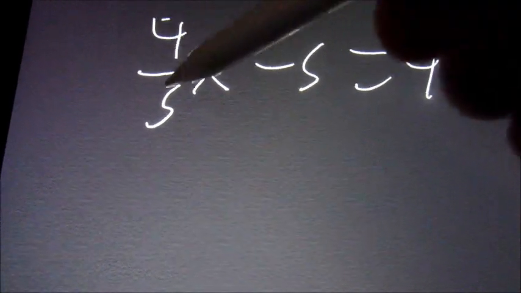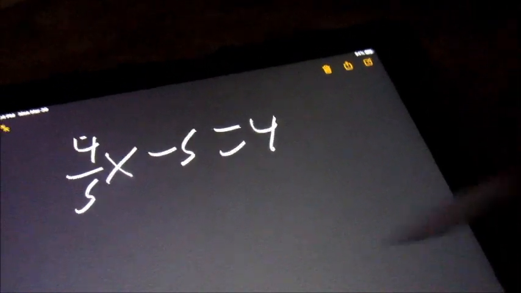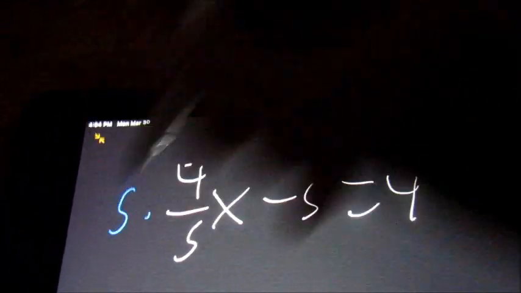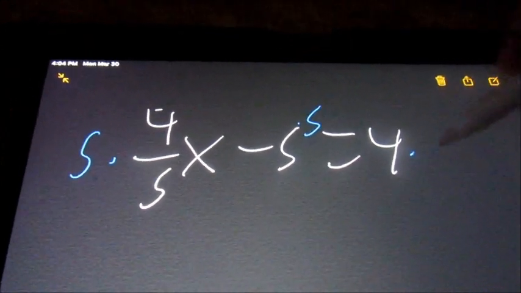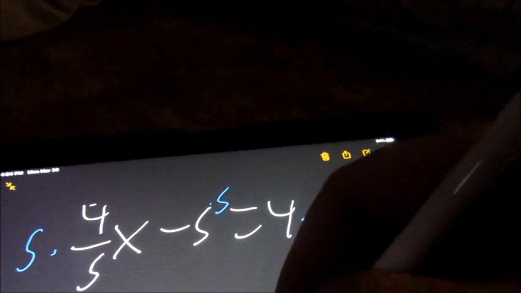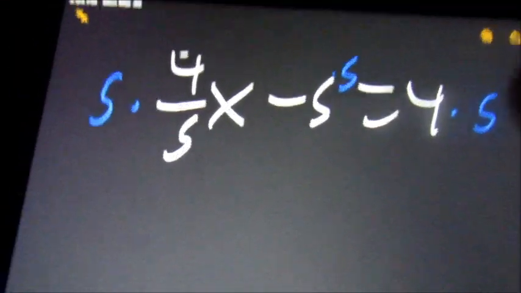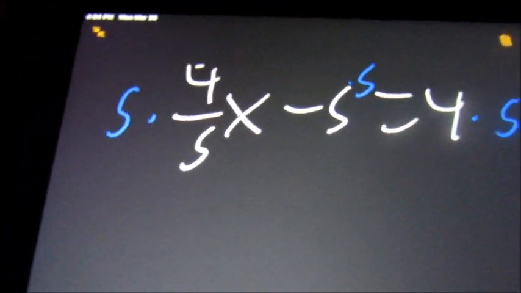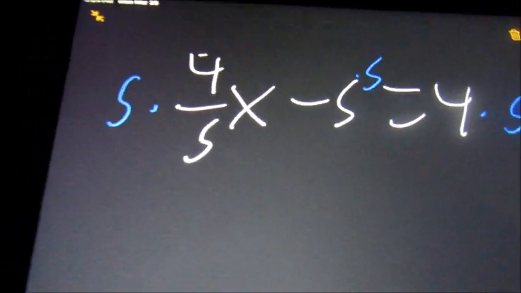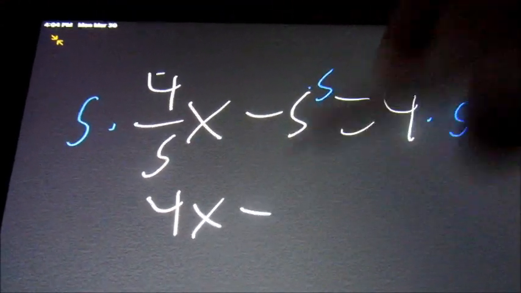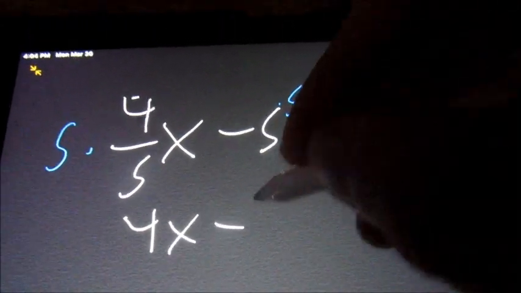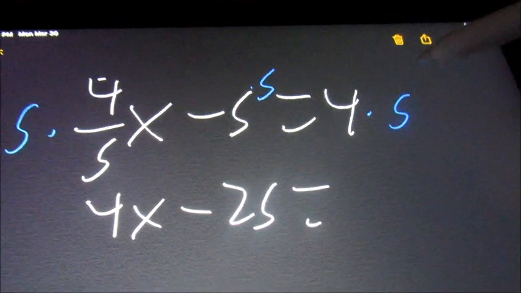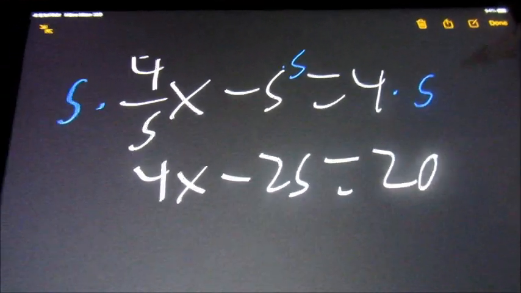But what I'm going to do is multiply everything by this denominator, which is 5. And so the 5 divided by 5 turns to 1. And so we're left with 4x minus 5 times 5 is 25 equals 4 times 5 is 20.